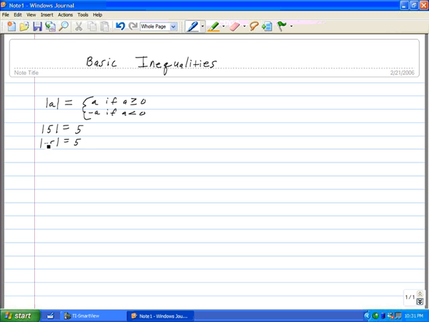Absolute value will remove that negative sign and give you a positive result.